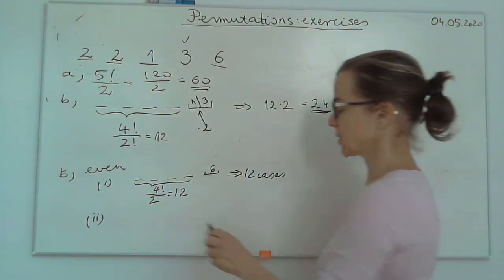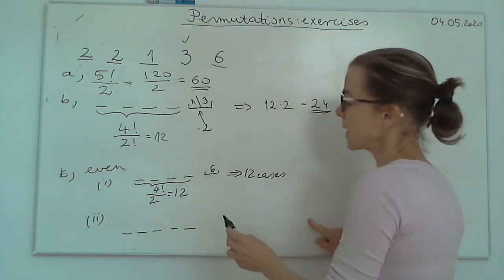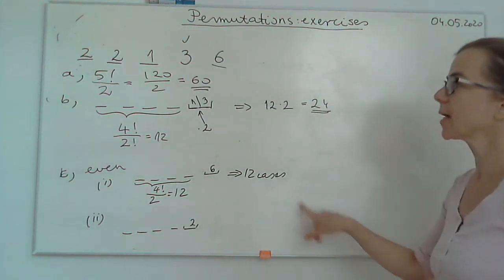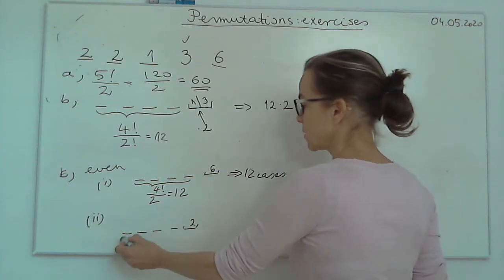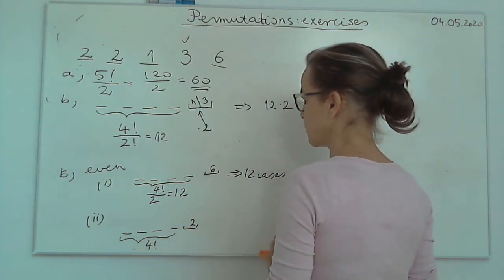And then consider the second possibility. When the last digit is 2 as a fixed digit, then I have here remaining 4 digits, no repetition there, so the possibilities end up 4 factorial.